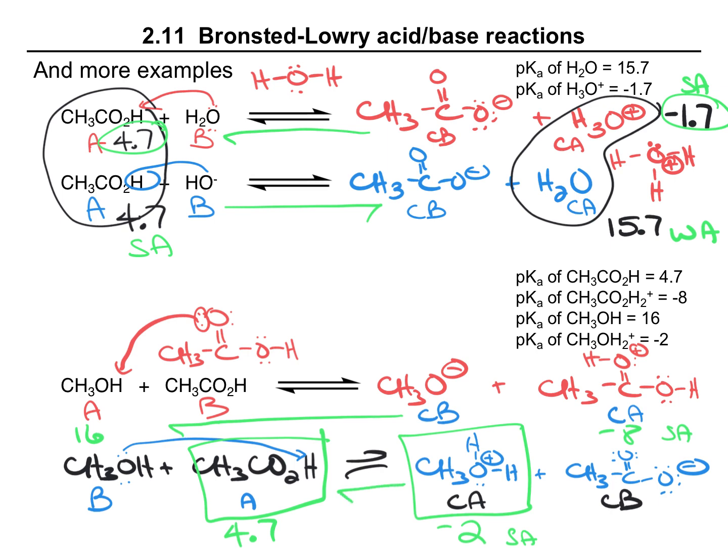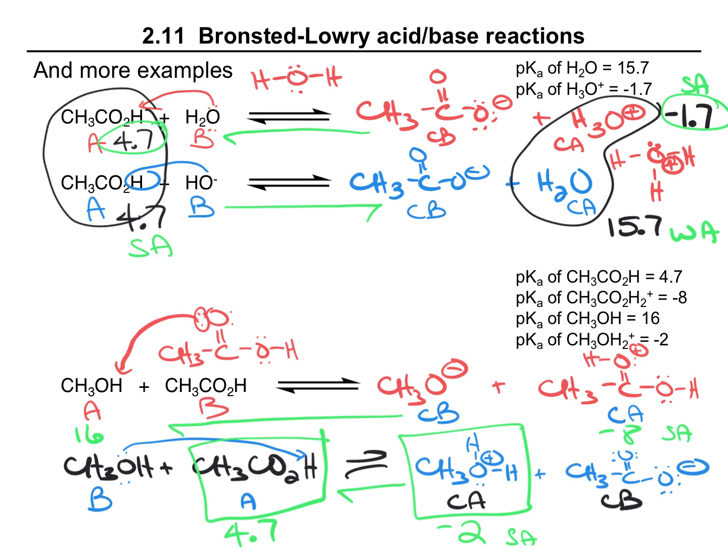But out of these two reactions, it's much more likely that acetic acid is going to be the acid and methanol is going to be the base, even though at equilibrium there's still going to be lots more of this than these.